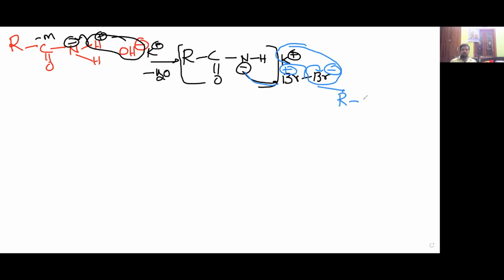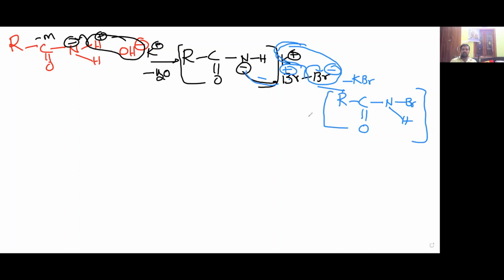R C double bond O N, with the negative charge connected to bromine. So here hydrogen is there. Here KBr is eliminated, minus KBr. Then here hydrogen is there, as usual.